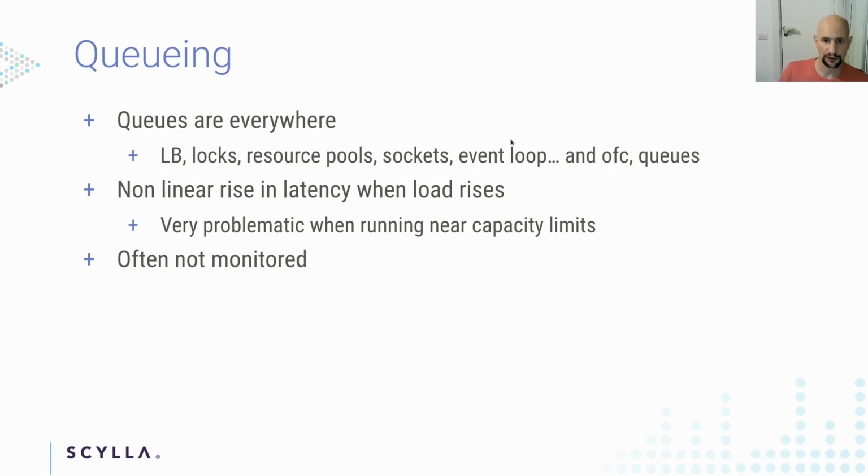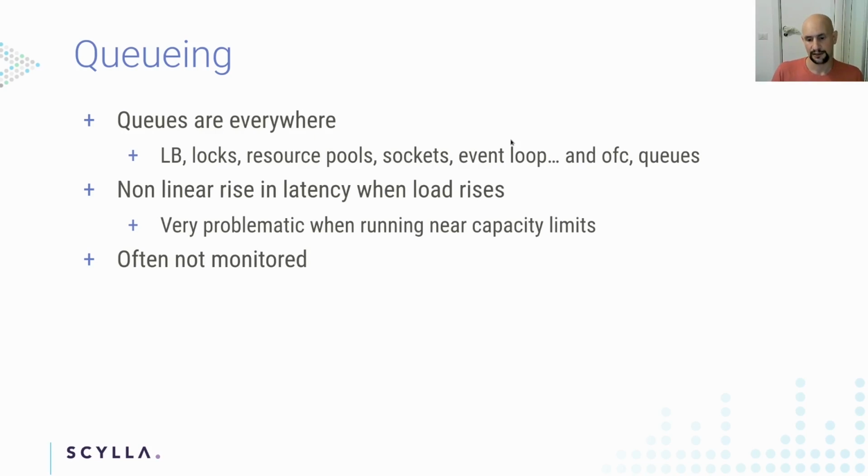And the problem with queues is that they're often not monitored. In a lot of drivers, a lot of asynchronous things that have a thread pool or some kind of queue, it's not monitored. We don't know what the queue length is, and of course we don't know what the latency amplification is unless we try and measure it. So this is where awareness is required, so we actually measure this.